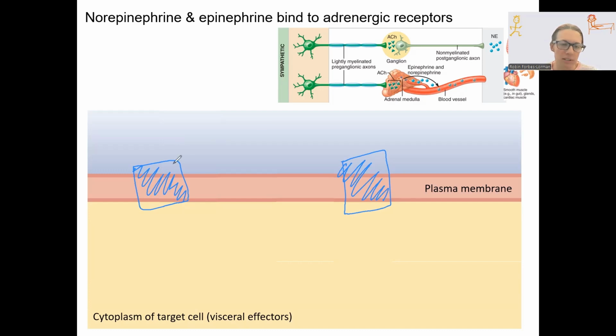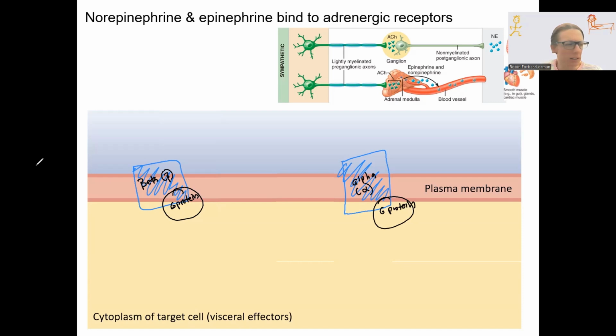Both G protein coupled receptors. Beta could be abbreviated just with the beta symbol, and this is alpha, which could be abbreviated just with alpha. And here's our G protein. So that's our setup there.